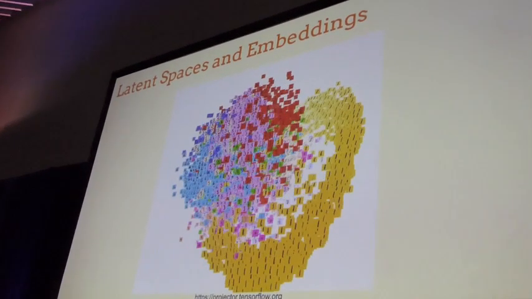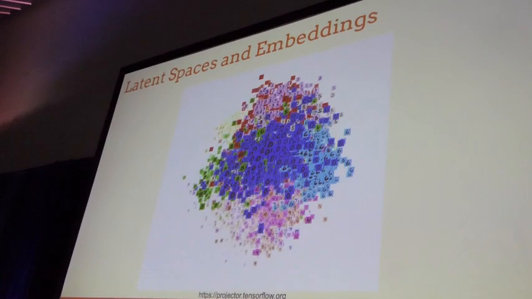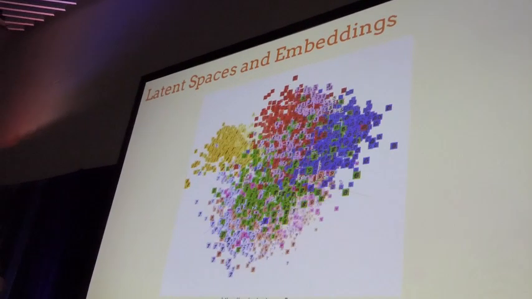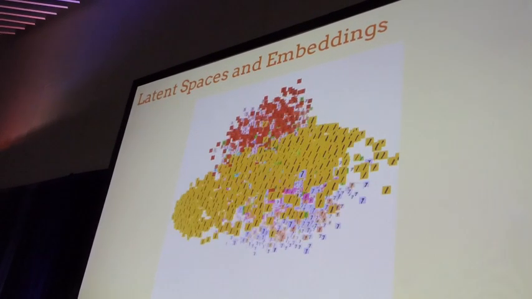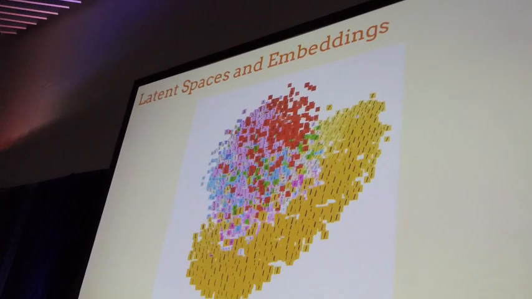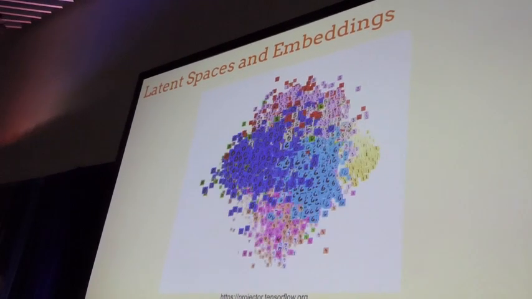So now this is a visualization of a variational autoencoder where you can see all these digits we trained. Normally this is in some high dimensional space, but there is a process. If you go to the site projector.tensorflow.org, it has some nice visualizations.